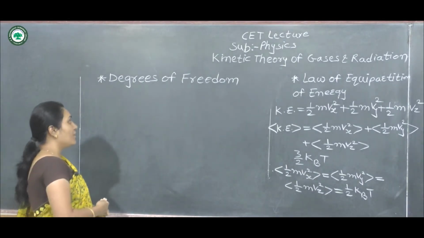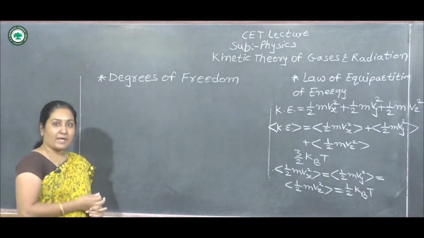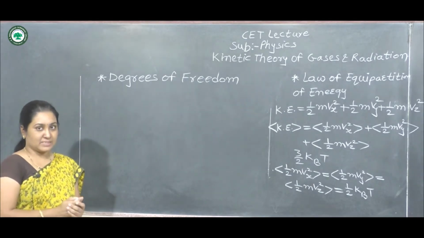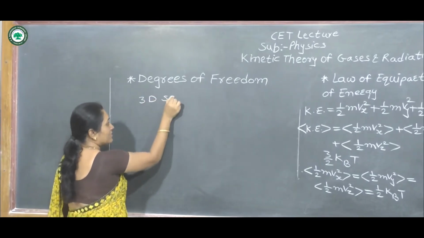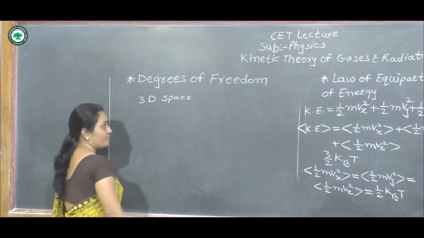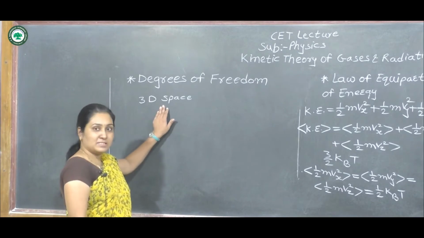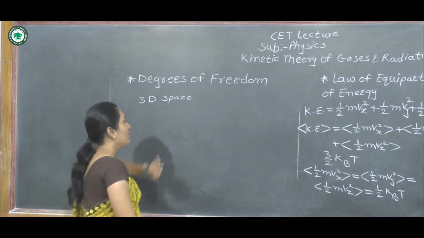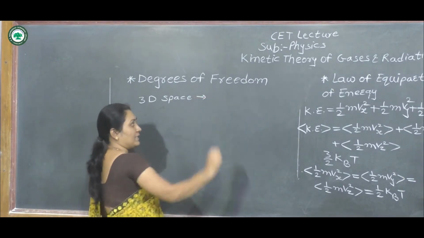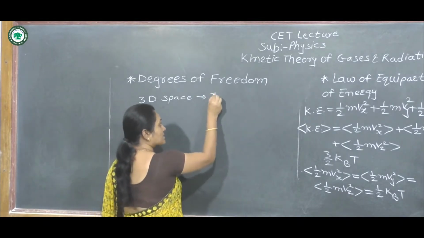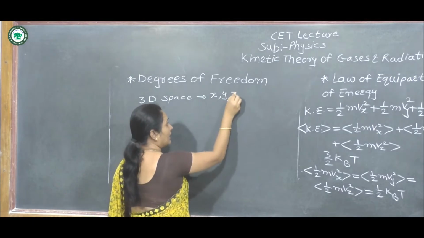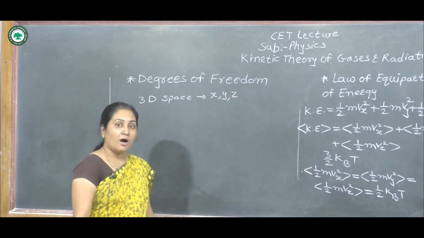So here, if we have to describe a three-dimensional system or three-dimensional space, then this three-dimensional system has three coordinates required to describe it, that means x coordinate, y coordinate and z coordinate.